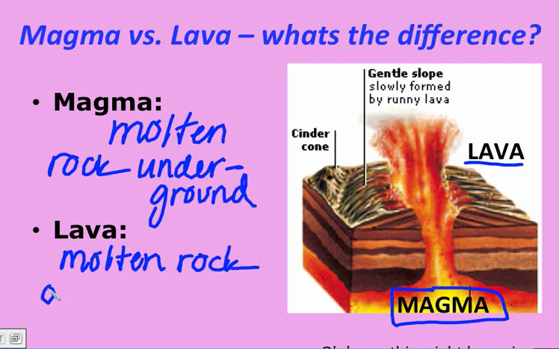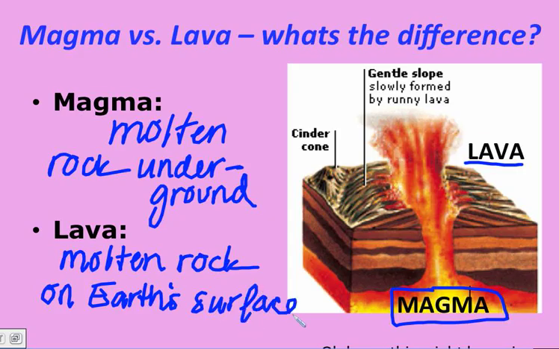So molten rock on Earth's surface. Same composition, just as soon as that magma hits the volcano and comes out onto the Earth's surface, it immediately becomes the term lava. So magma, lava, both molten rock, but the location is what defines it.